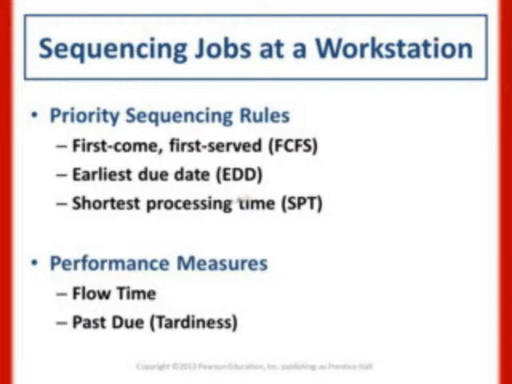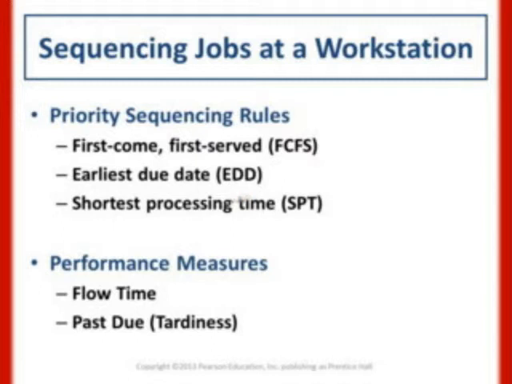So the job with the closest due date is scheduled first. And in the third one, the shortest processing time, as the name suggests, we schedule first the jobs with the shortest processing time. As you remember in the problems, the processing time is known data.